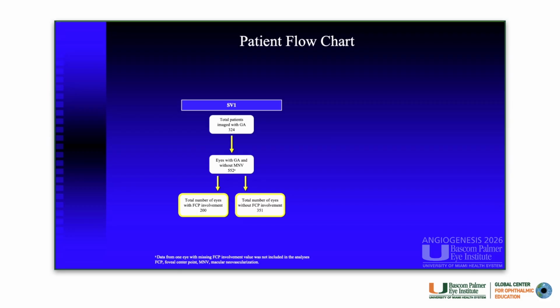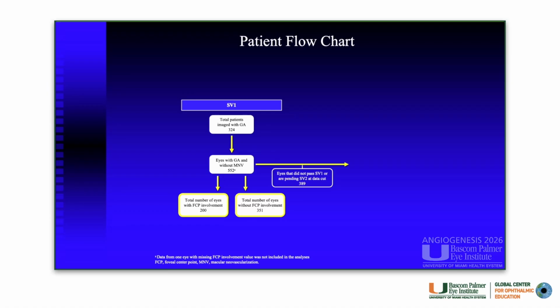So this just shows how the patient flow went. There were a total of 324 patients that were imaged with geographic atrophy. And so both eyes were looked at, and so there were a total of 552 eyes with geographic atrophy, but without macular neovascularization. And then if you look at the eyes that had foveal center point involvement, 200, and 351 without.